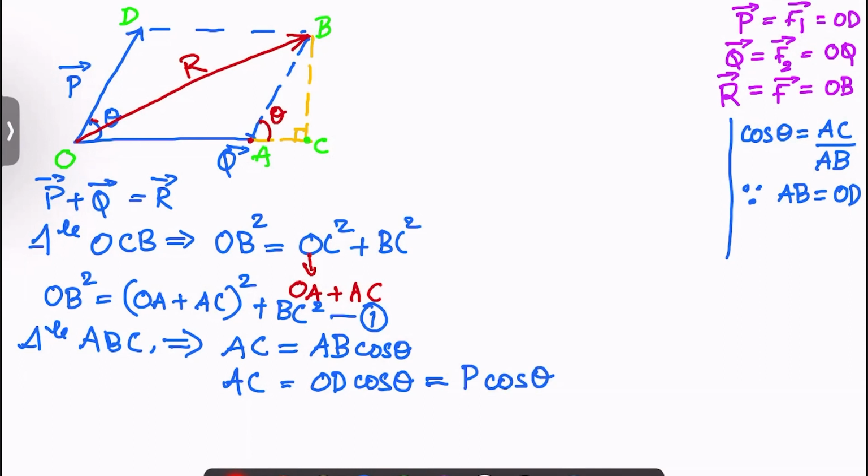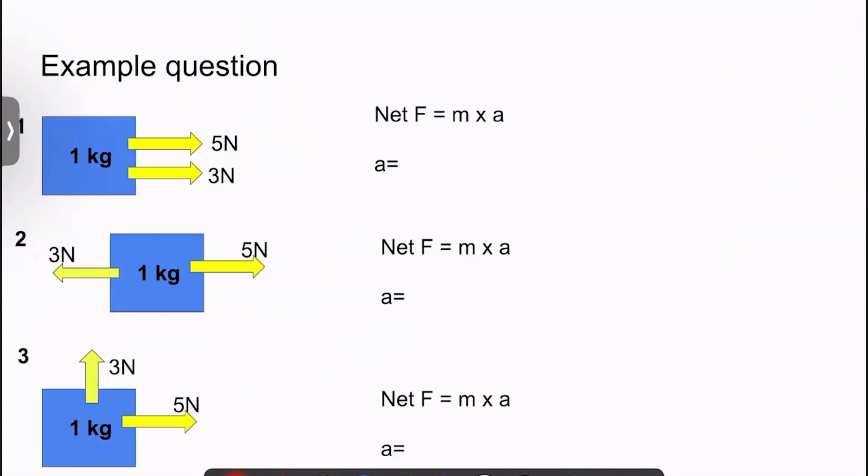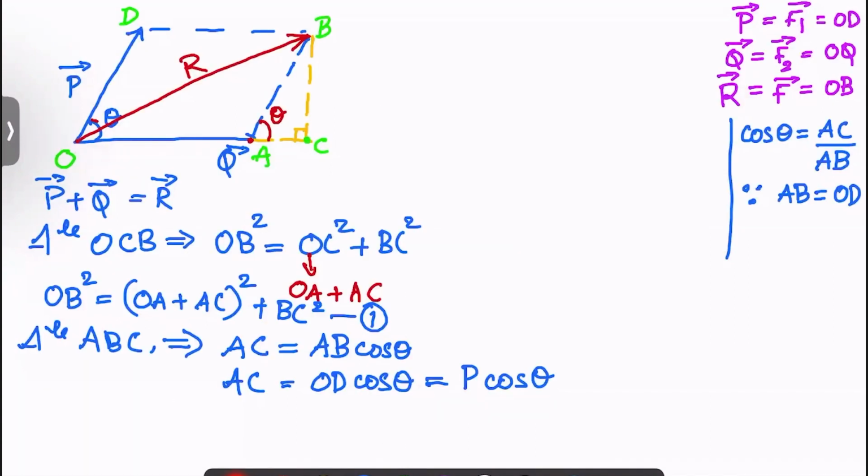Now, another thing is that if you want to represent BC, you can use what? Again, here, BC by BA or AB equals sine theta, right?